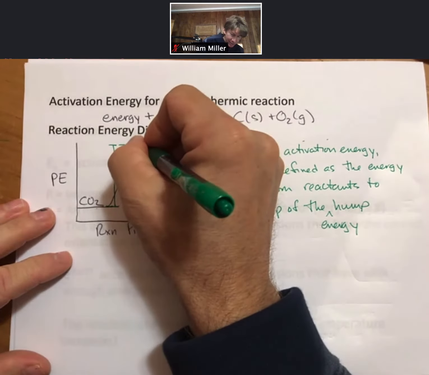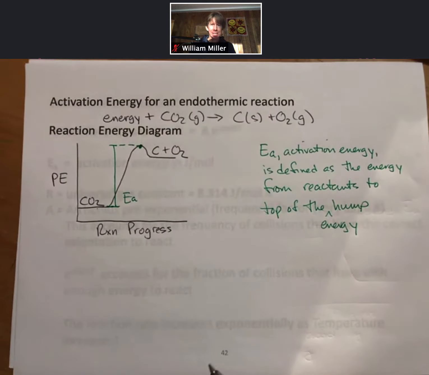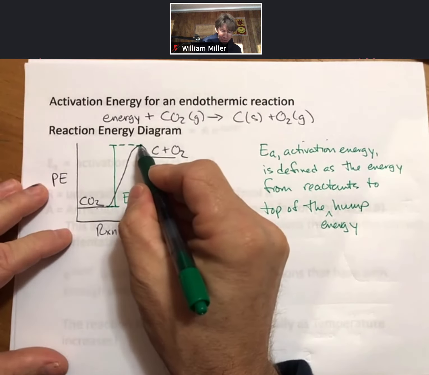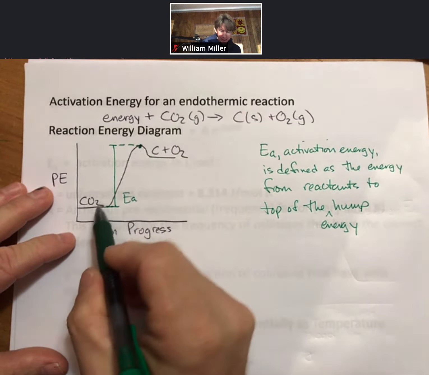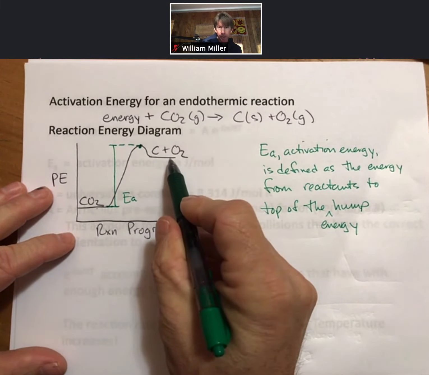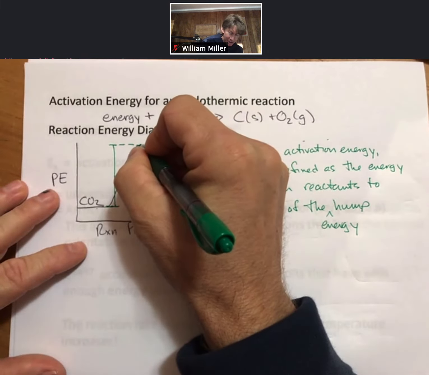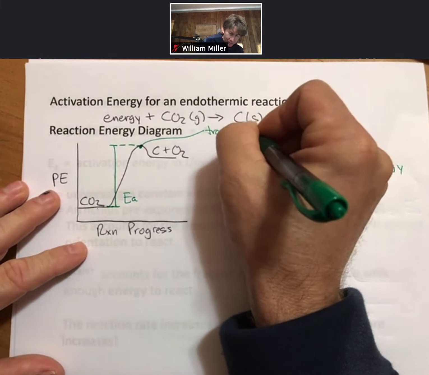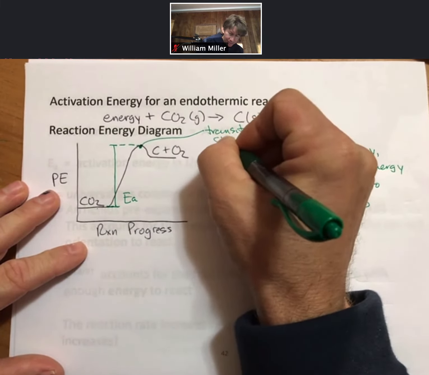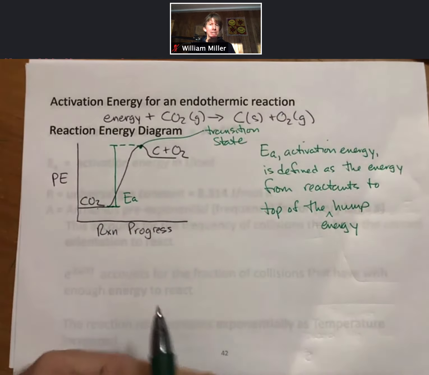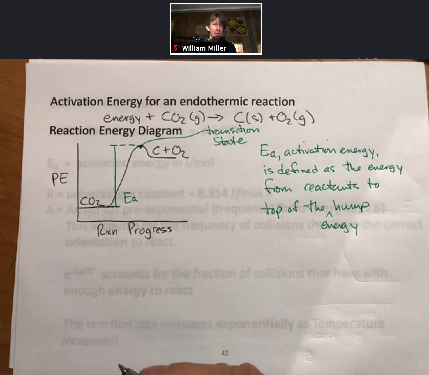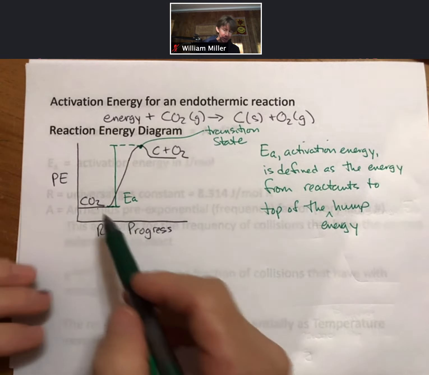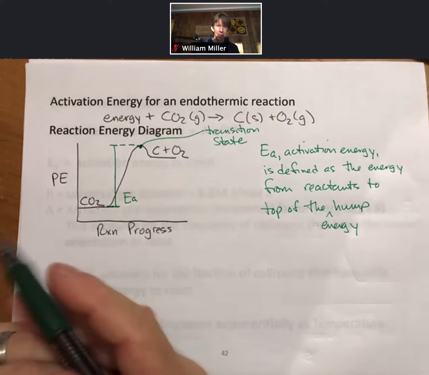This top of the hump also has a name. At the point where it is at the top, it's neither reactants nor products. It's called the transition state. And the transition state is identified as the highest energy species and higher than reactants and products.